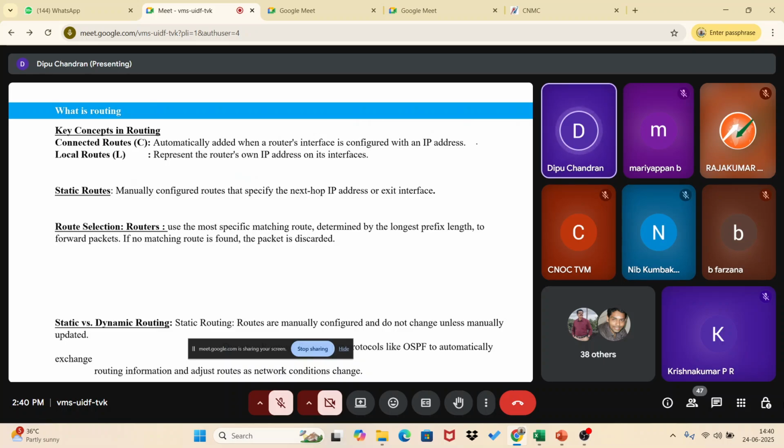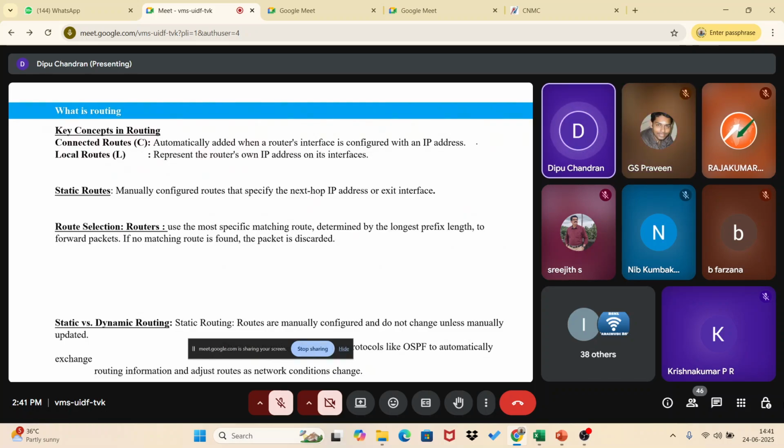Routers are programmed such that if I am not getting any path in my routing table, my address book, to this destination, then I will simply drop it. I will not give it to anybody. I will not forward it to someone saying 'you take it, and if you know him, you give it.' A router will not do that; our switches will do that. A router gives to the specific person only.